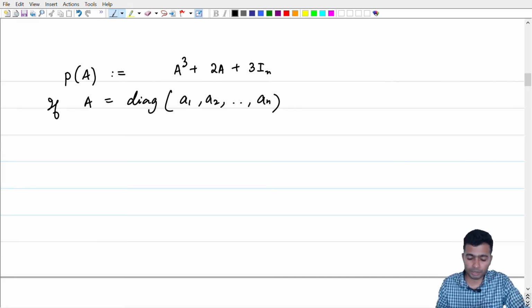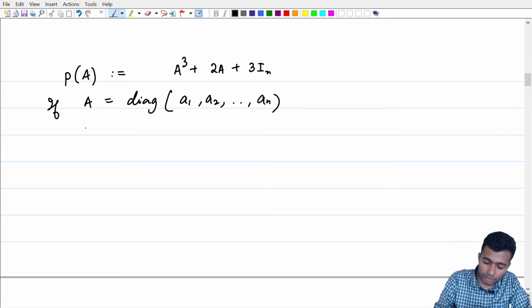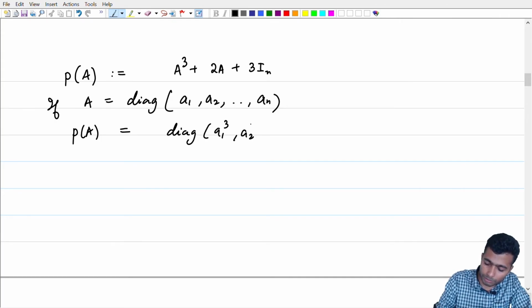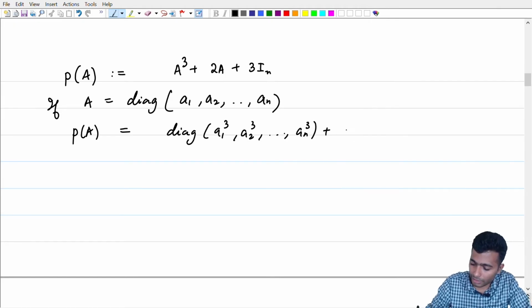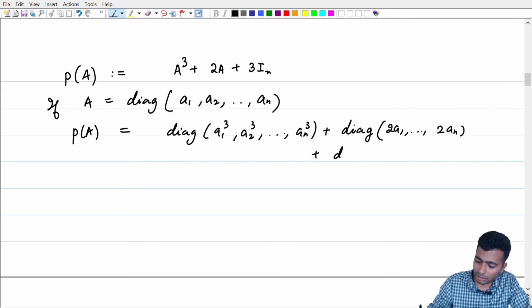Then what is going to be A to the power 3? I would say that the expression for p of A will be diagonal of a1 to the power 3, a2 to the power 3, an to the power 3, plus 2 times diagonal of a1, up to an, which I pull in as diagonal of 2a1 up to 2an, plus the diagonal consisting of all 3's.